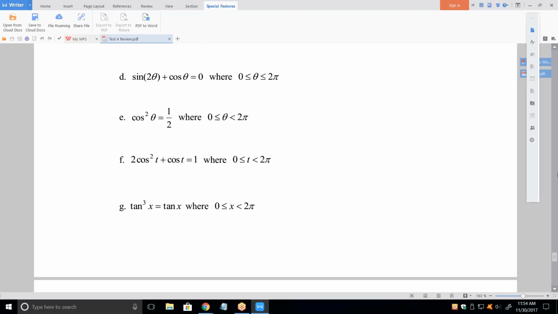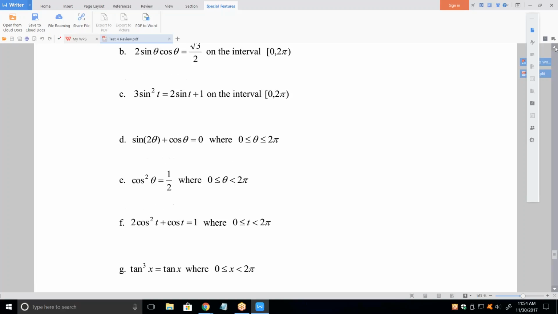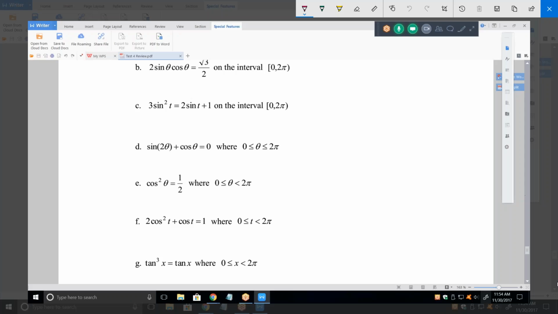All right, now we got enough time to do this one, I think. When you see a squared in an equation, and you see a sine of t, a non-squared, same trig function, we are looking at a quadratic. It just doesn't look like a quadratic.